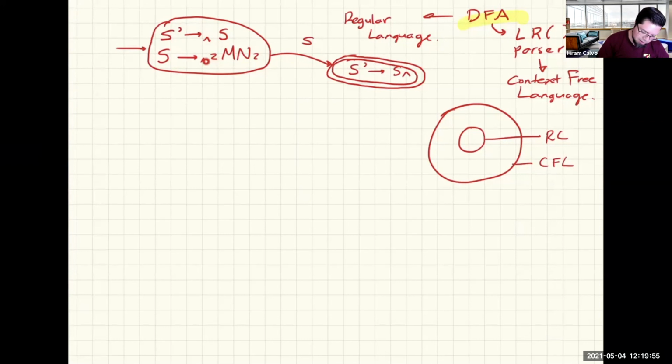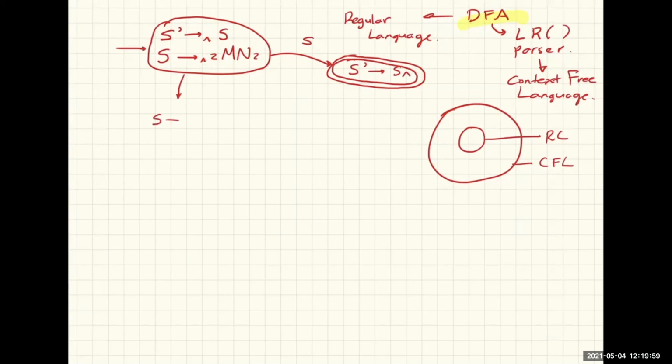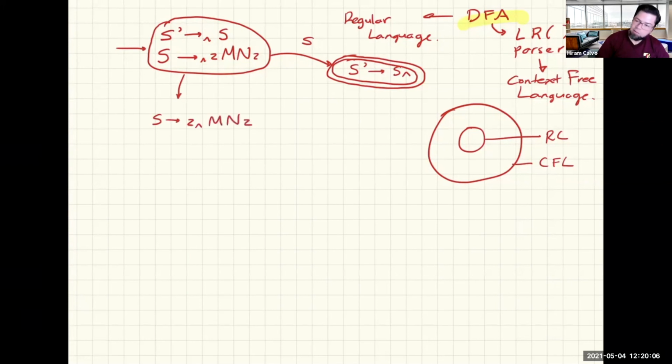So if we walk by using Z, then we will have the second rule with the cursor moved just one symbol. So you see, we moved this one from here to here because we had a Z as an input. And then please note that we are standing just in front of a non-terminal symbol.